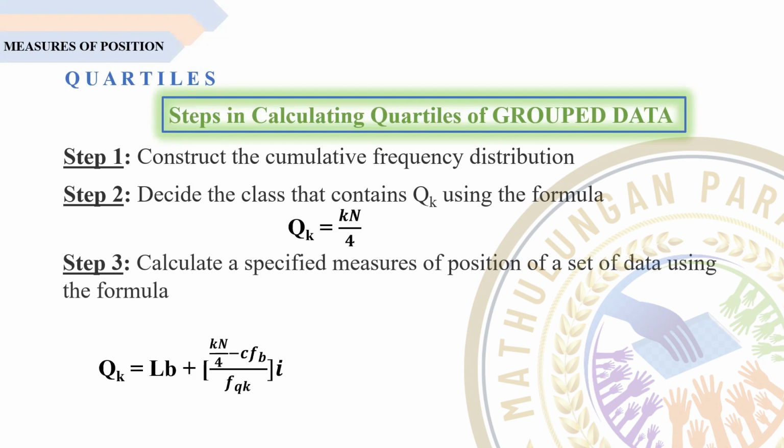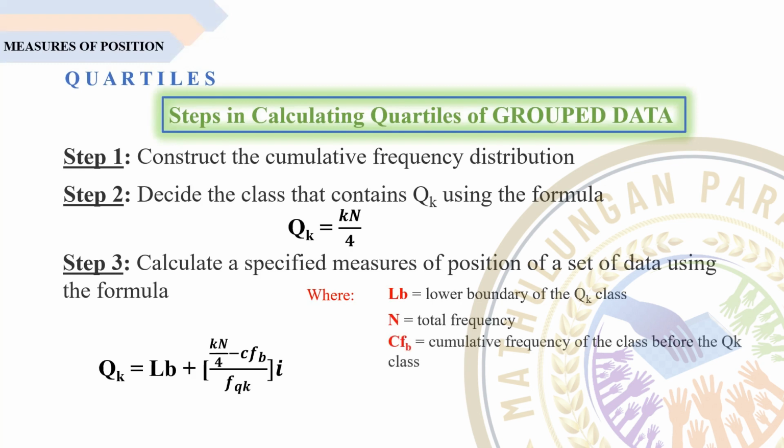equal to the lower boundary plus k times n all over 4 minus the cumulative frequency before the class, all over the frequency of the class, times the class size, wherein LB is equal to the lower boundary of the Q sub k class, n is the total frequency, CFB is equal to the cumulative frequency of the class before the Q sub k class, FQK is equal to the frequency of the Q sub k class, and i is equal to the size of the class interval or class width.